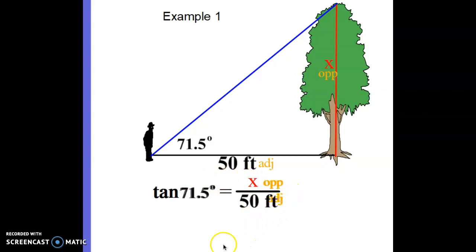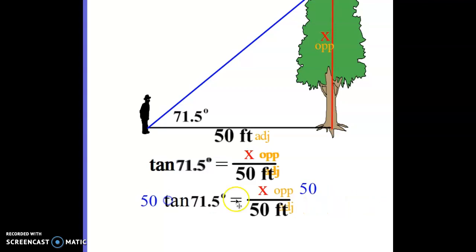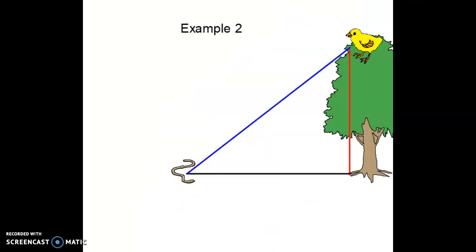Well, this happens to be a type 1 problem, and all I have to do is multiply both sides by 50, and voila, these 50s are going to cancel out, and our answer turns out to be 149.43 feet.